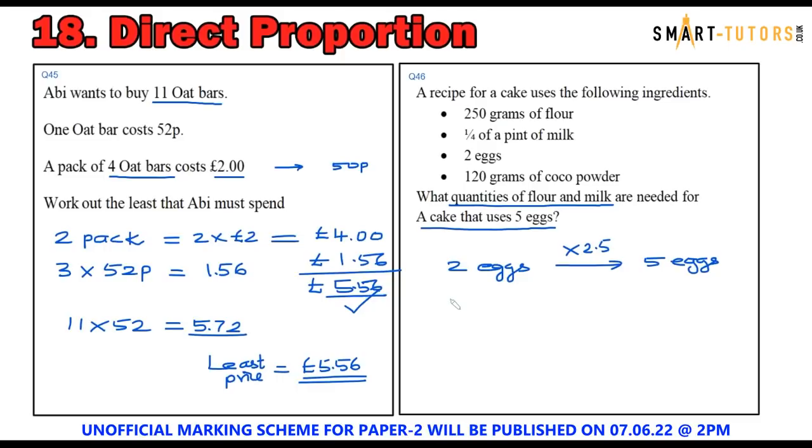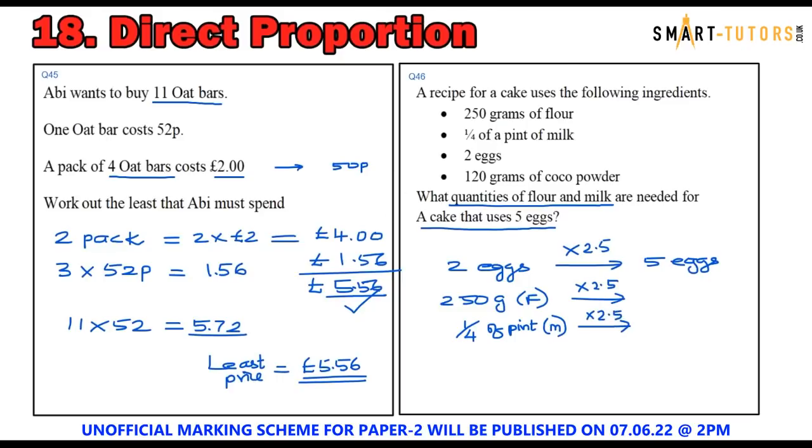So flour is 250 grams of flour, right? So that is going to be times by 2.5. We need to find that out. And milk is quarter of a pint, so that also times by 2.5.